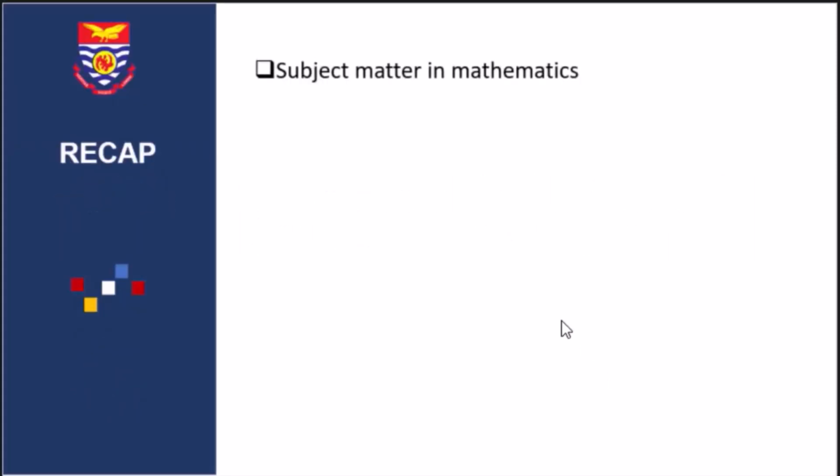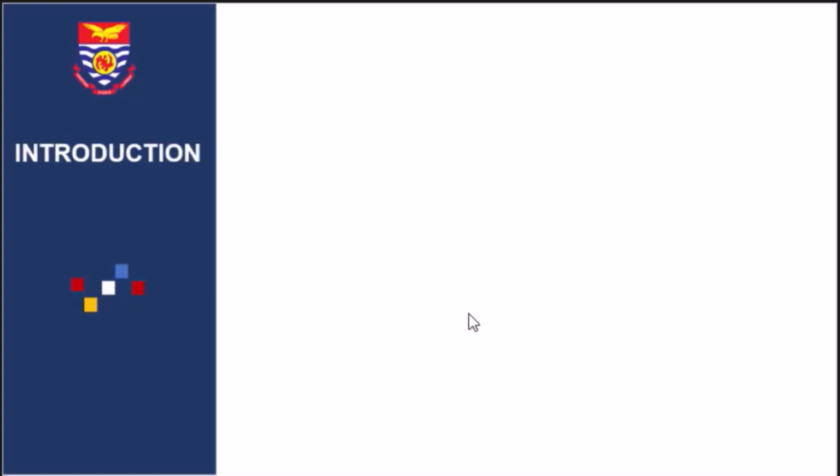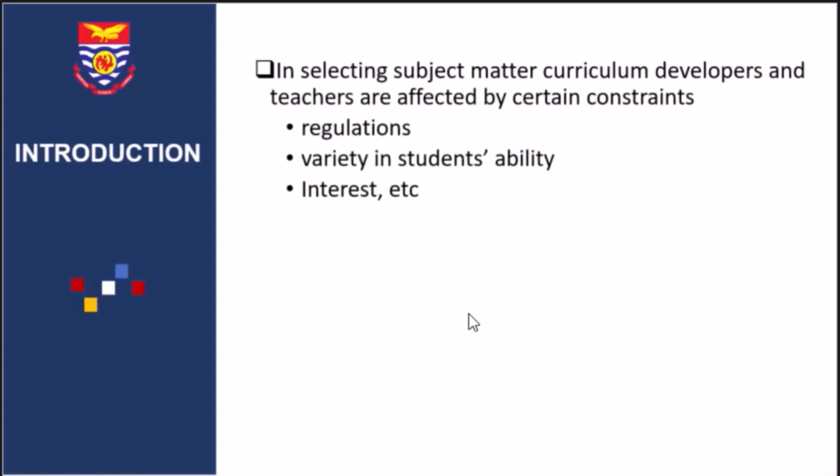In our previous session, we looked at subject matter in mathematics, the definition of subject matter, and the types of subject matter: concepts, generalizations, and skills. In selecting subject matter, curriculum developers and teachers are affected by certain constraints.